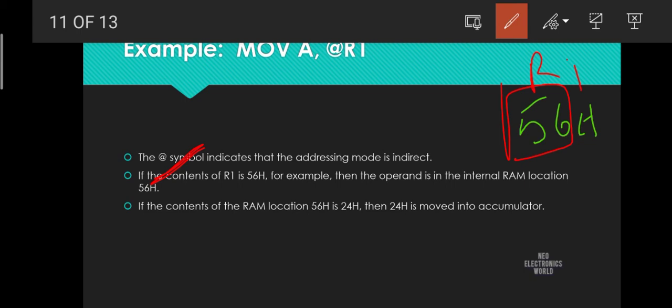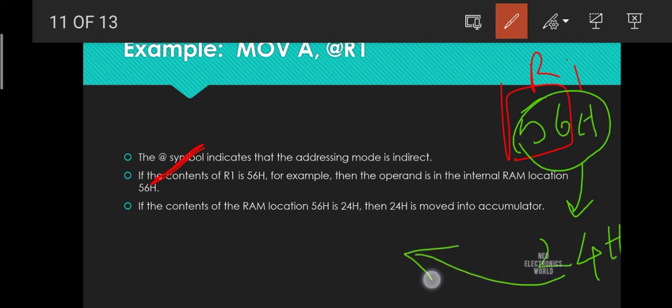If the contents of RAM location 56H is 24H, then this 24H is moved into the accumulator. Is it clear? That is what is happening in the indirect mode.